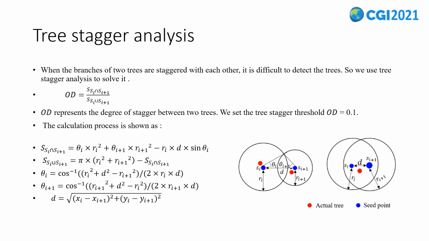When OD is lower than 0.1, we regard the two seed points as two trees. When OD is equal to or higher than 0.1, we regard the two seed points as from the same tree, and the seed point with a smaller radius is deleted. The calculation process is shown as follows.